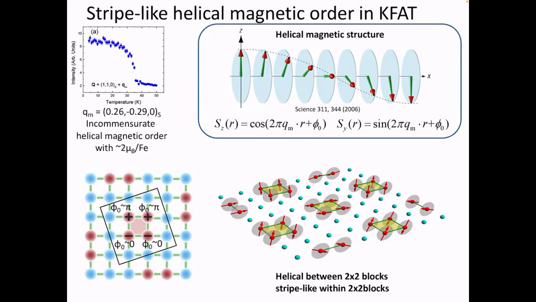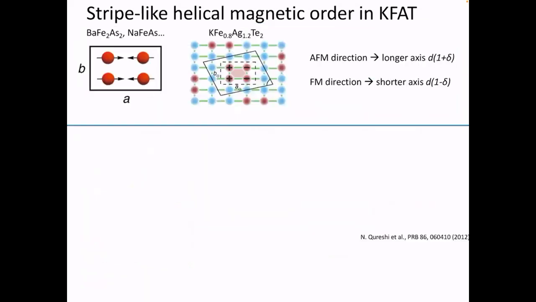So this is what I mean by a stripe-like helical magnetic order. So this then gives additional evidence that this is indeed very similar to the ion-based superconductors, even though this helical magnetic order also has some flavor of the stripe spin configuration seen in the ion-based superconductors.